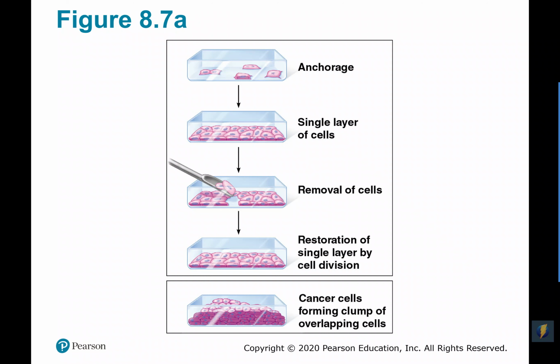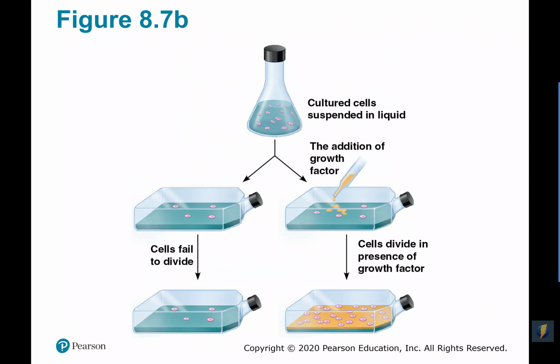And sometimes when things get really wacky, cancer cells, which have these ridiculous rates of mitosis, end up forming clumps or masses because they go through mitosis so easily. And here you can see some cells suspended in a culture. If you separate those cells, they will not grow unless you add some growth factors.